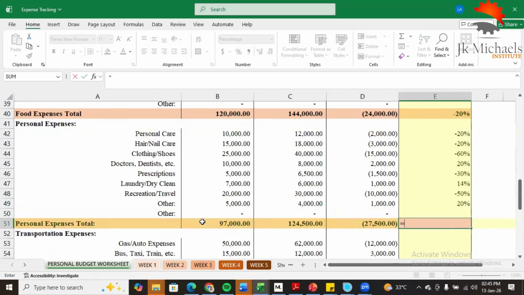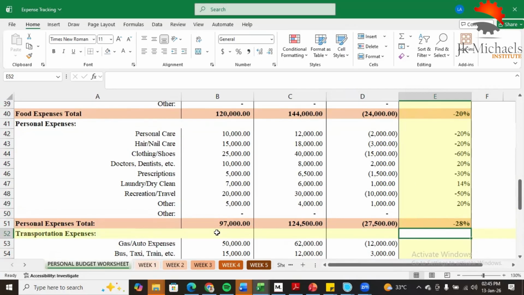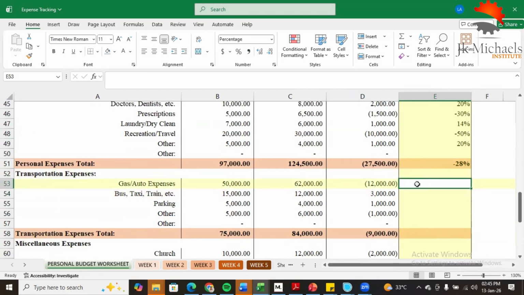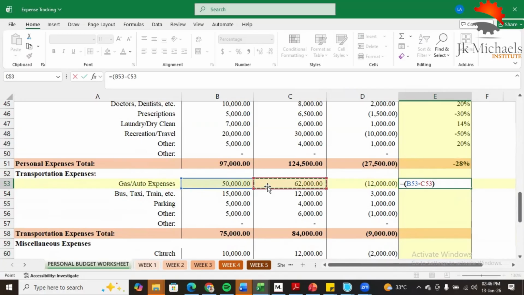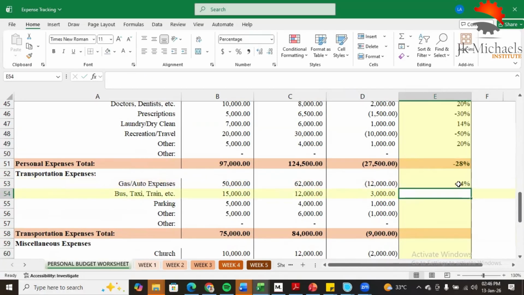We have budget minus actual divided by budget gives us a 28% variance in the end. We have, again, budget minus actual over actual gives us a 24.